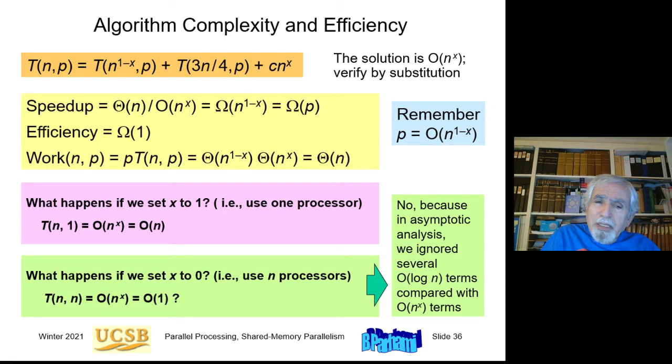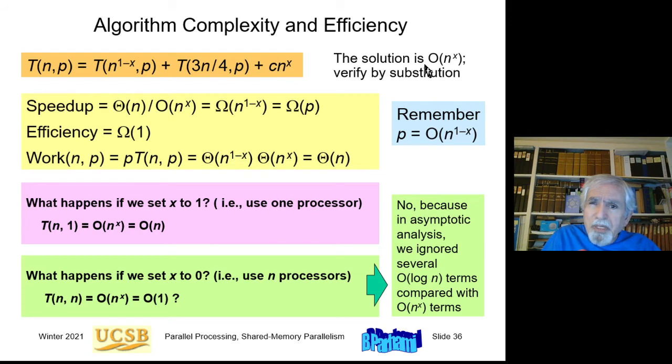Okay, so the recurrence is T of n, P, a list of size n with P processors, is this. That was the first phase, where each processor determined the median in its own sublist. T of 3n over 4p, that's the last part of the algorithm. And C times the number of elements in each processor, that's the part to be justified.